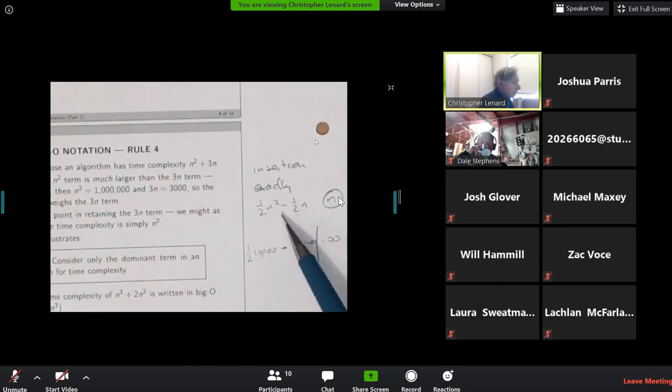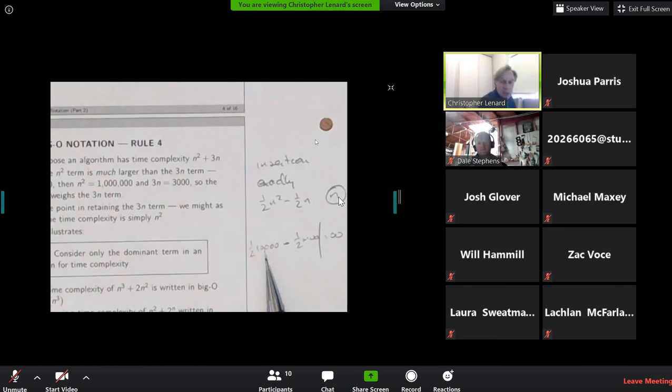So instead of being exact, I say, well, I don't really care about that because it doesn't contribute very much when n is very large. The thing that's contributing is the half n squared. And in fact, I don't really care whether it's a half of 10,000 or exactly 10,000, so I'll even ignore the half sitting in front of the n squared.